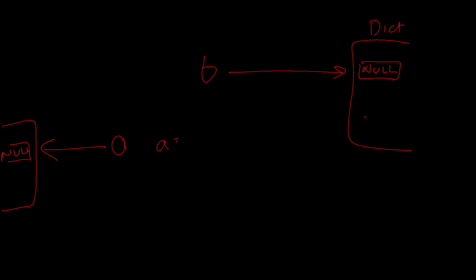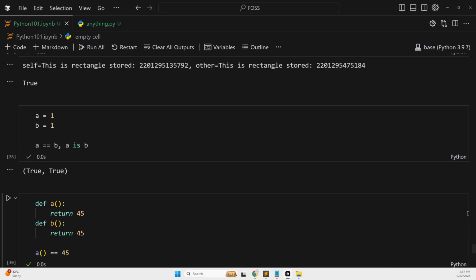Now, when you say A equals B here, it's going to come back as true, whereas both of them are doing different things. I wanted my A to be pointed here. That's why it's very important to know whether you are checking the value or the memory address.